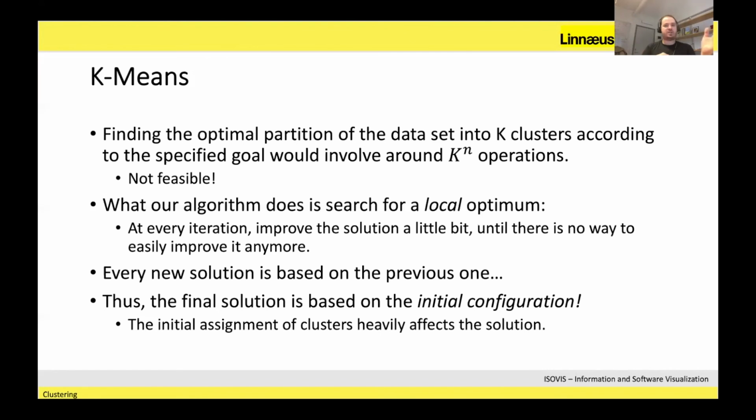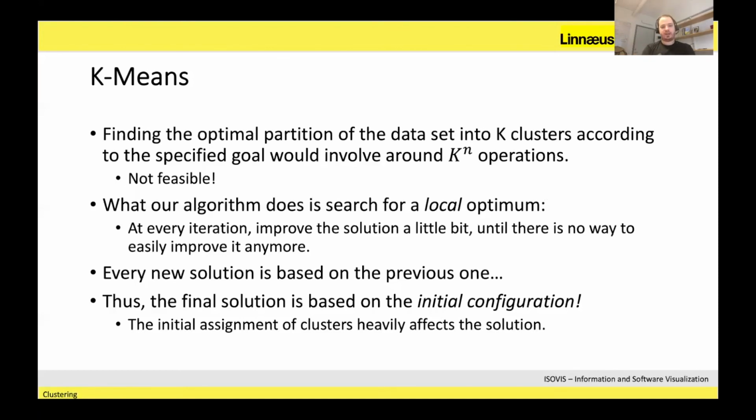And as you've seen probably in other, supervised algorithms, an optimization is usually a search for a local optimum. It's a search for a good solution that hopefully is close to the best possible solution, but it's never guaranteed to be the one that gives you the best result.